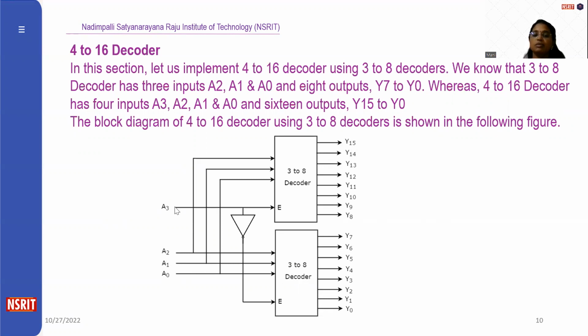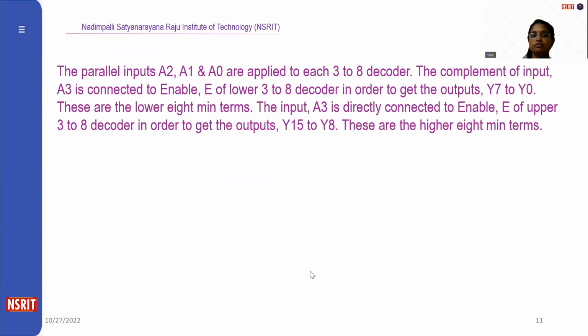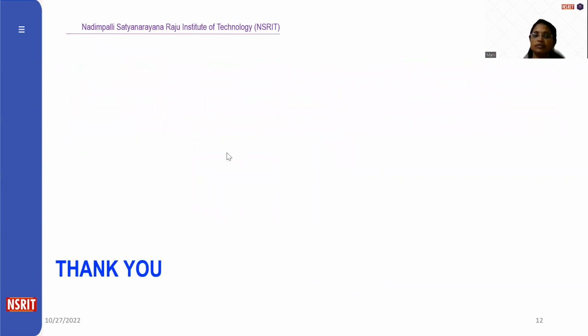The uppermost bit, the MSB, acts as the enable input for the 3 to 8 decoders 1 and 2. The MSB is directly given to the upper 3 to 8 decoder and given through an inverter to the lower decoder. Similarly, as in the 3 to 8 decoder, we'll get the same output in a 4 to 16 decoder. Thank you.